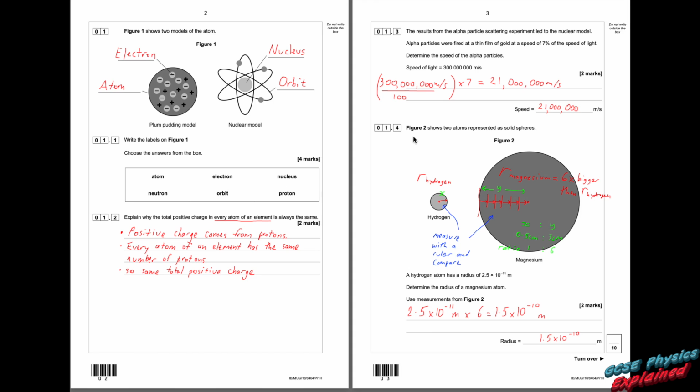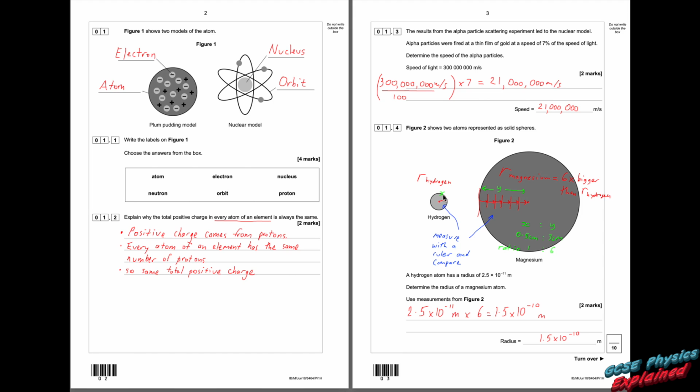Part 4. Figure 2 shows 2 atoms represented as solid spheres, hydrogen and magnesium. A hydrogen atom has a radius of 2.5 times 10 to the minus 11 meters. Determine the radius of a magnesium atom. So the easiest way of doing it, that would be the radius of the hydrogen.